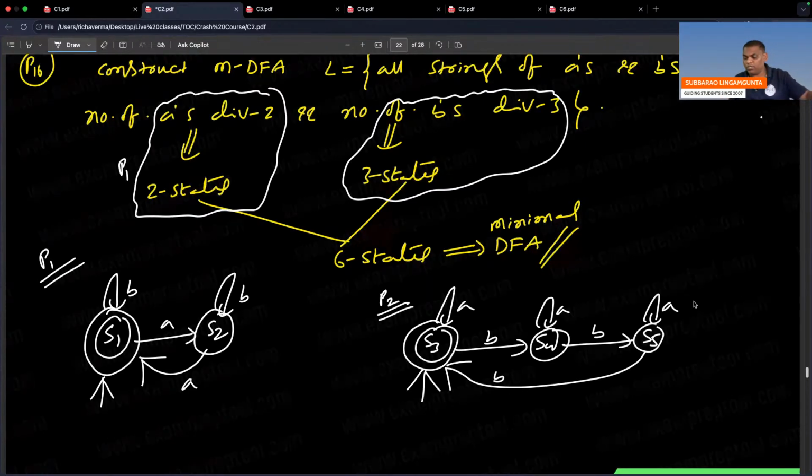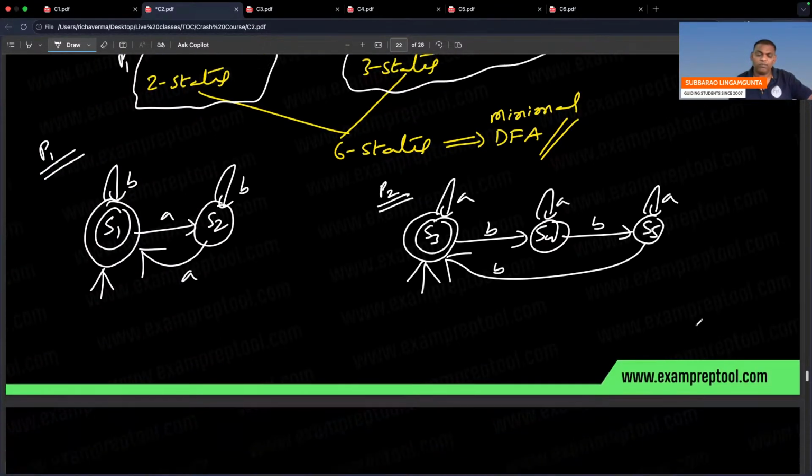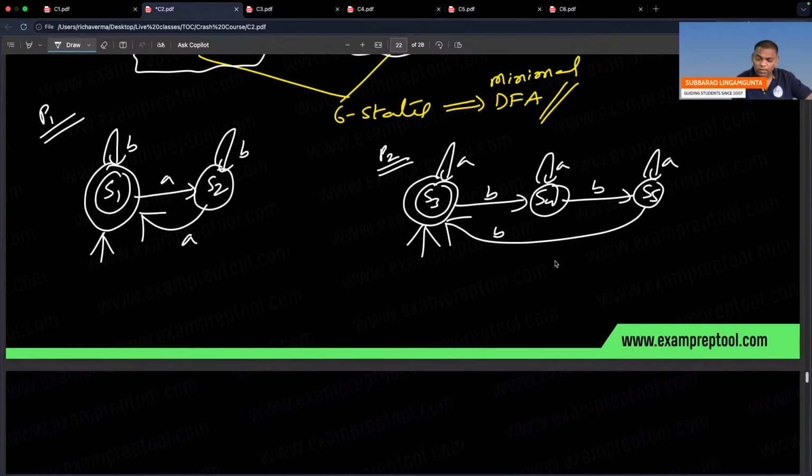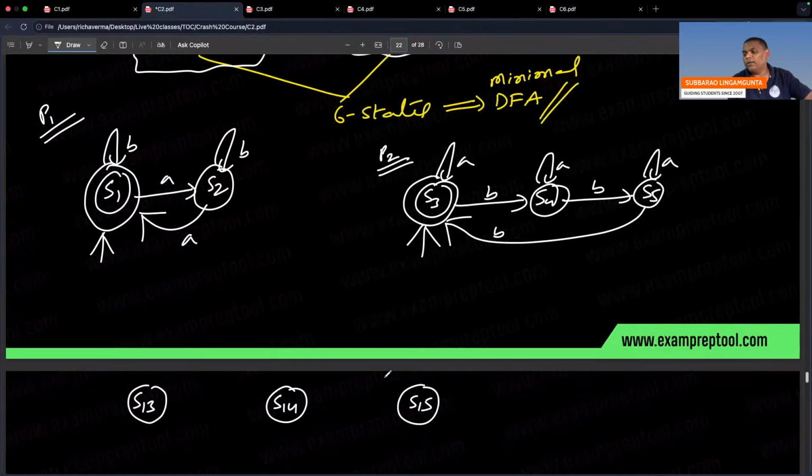How to build the product machine? Individual machines you know, product machine also you will know. Very simple, just do the Cartesian product. S1 will multiply with all of P2, S2 also multiplies with all of P2. S1, S3; S1, S4; S1, S5. The first state of the first machine is multiplied with all the states of the second machine.